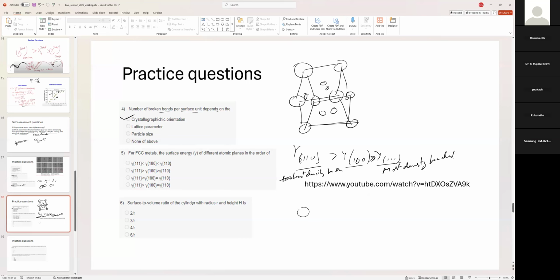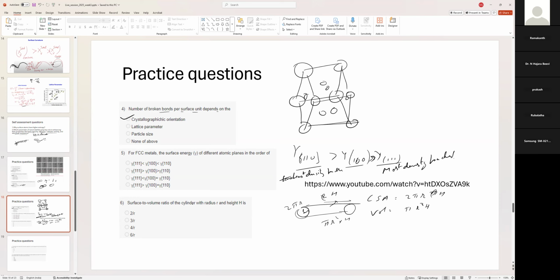So we have a cylinder, and the curved surface area is 2 pi R L, where L is H, so 2 pi R H. And your volume is pi R squared into H.